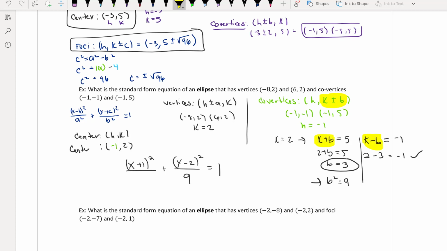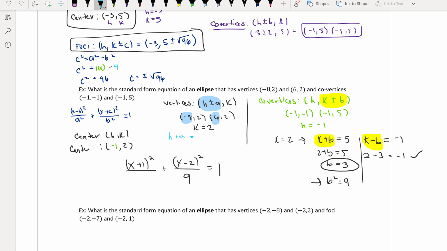Alright, so now to get that a squared value, that is going to come from using that h plus a over here. It should equal negative 8 and positive 6. So I'm going to have h plus or minus a is equal to, well, let's actually make a decision here. Let's say I'm going to have plus a.